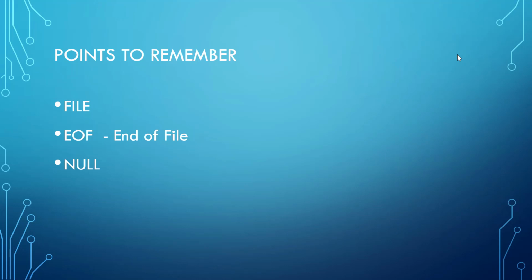So while reading data from a file, we have to make sure that the file pointer doesn't have a NULL value. If it is NULL, we say file not found. If not NULL, we are able to read the data from the file. This point we need to remember. FILE, EOF, and NULL: these three should be written in capital letters.